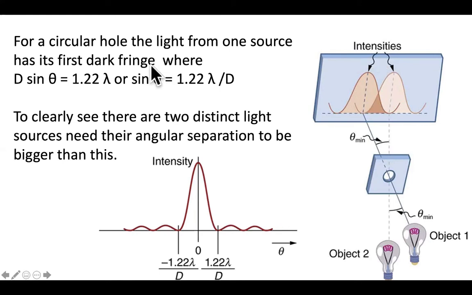So what this means is this angle, where sine theta is 1.22 lambda over d, is a fundamental limit on the resolution of an optical system that has a hole in it. If you restrict the light to come from a region of only diameter d, you are not going to be able to distinguish sources where the angle between those sources at the hole is less than that.